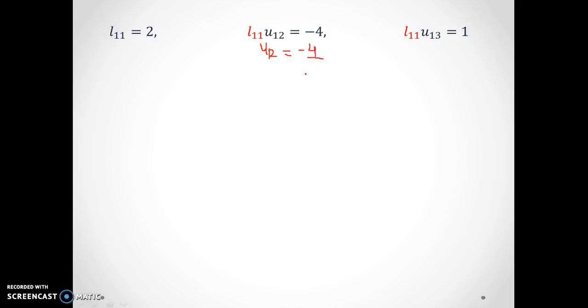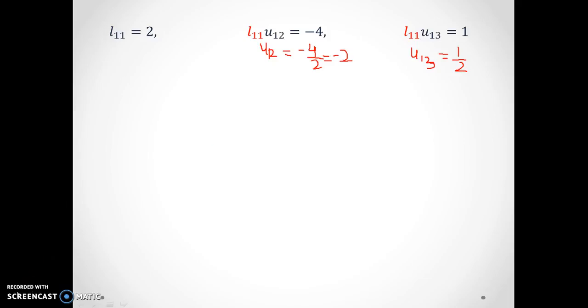But L11 is 2, so finally I get minus 2. Similarly, from this equation I can calculate U13 as 1 by L11. Again, we already know L11 is 2, so U13 is equal to half.